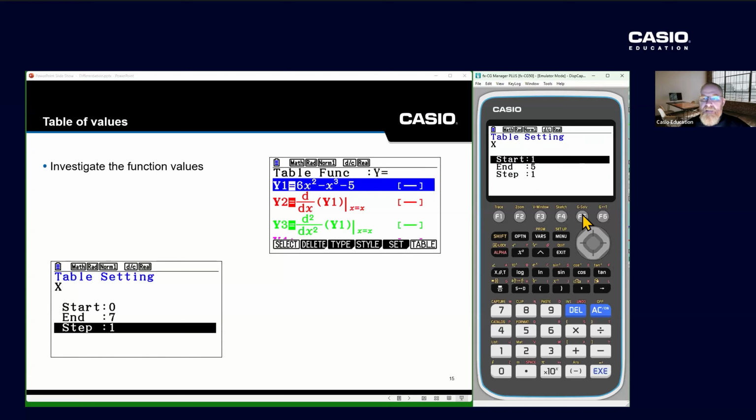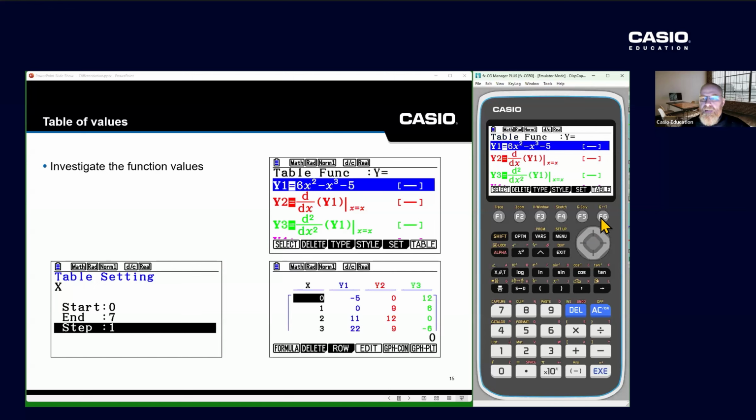So let's choose set. Default is 1 to 5, so let's change that from 0 to 7. We could go up in other values, but just going up in integers is fine for the time being. Okay. If we exit and then choose table, we get our table of values.